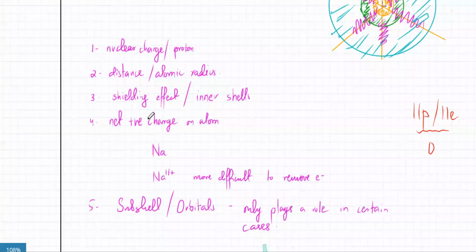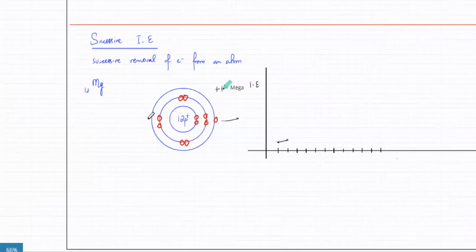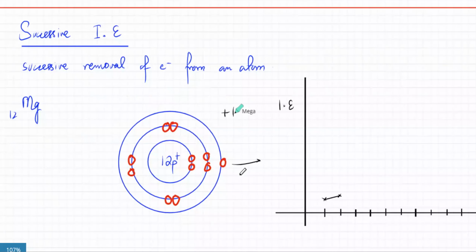So you can combine all of the effects as net positive charge, because now the distance is the same, the shielding is the same, the number of protons is exactly the same, but the net positive charge is now +1. So this electron is going to be more strongly pulled by the nucleus because there are fewer electrons repelling it. So it has an overall positive +1 charge.